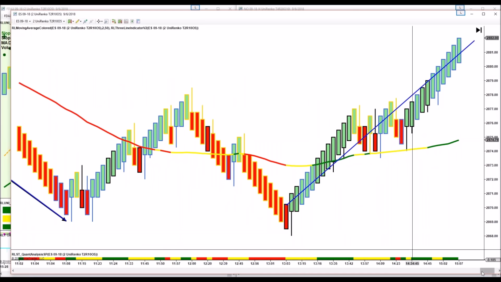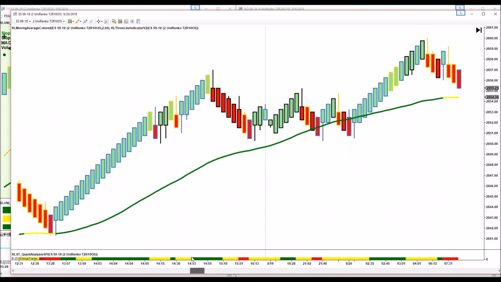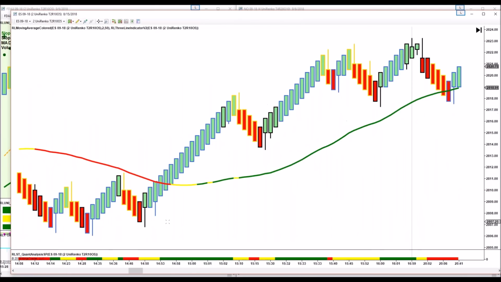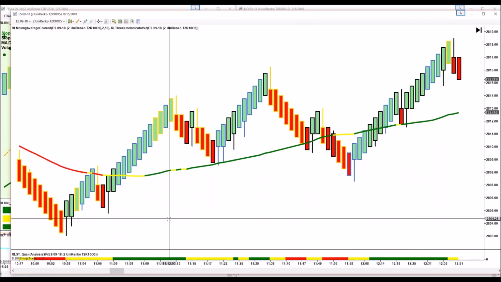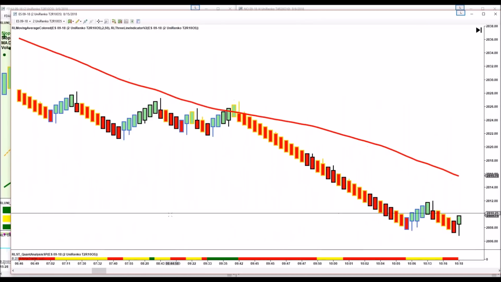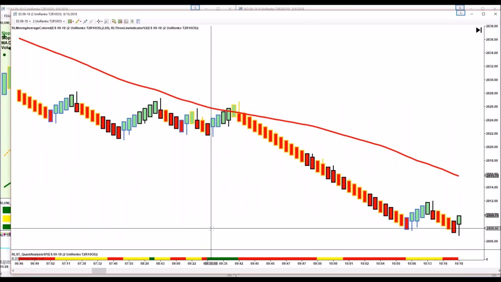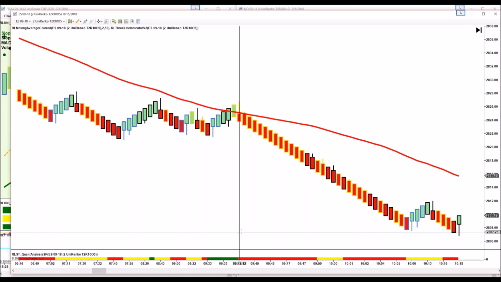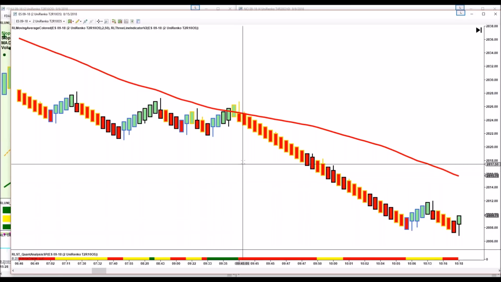Now here we go. Let me slide it over, and we'll slide it over to here. Well, here's the open right here, and there's your roll. And look at the market right here.